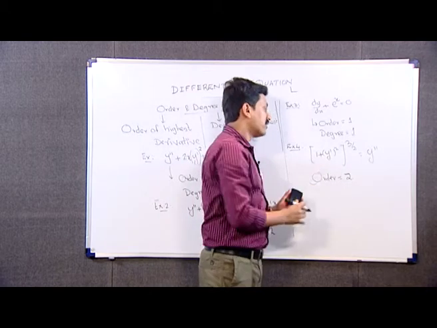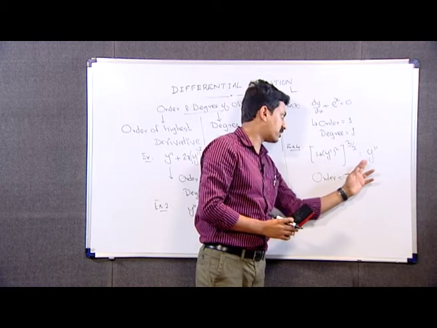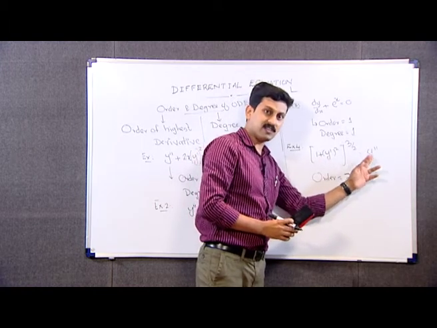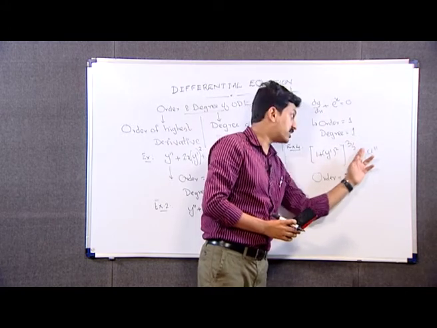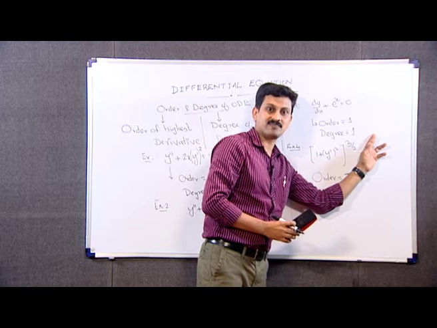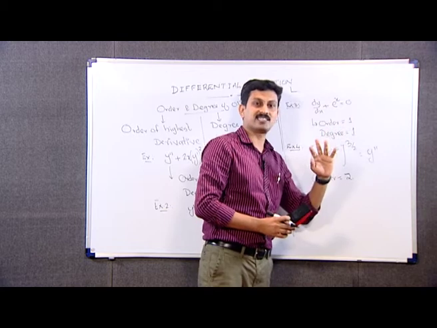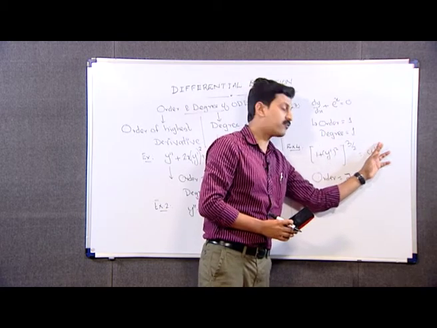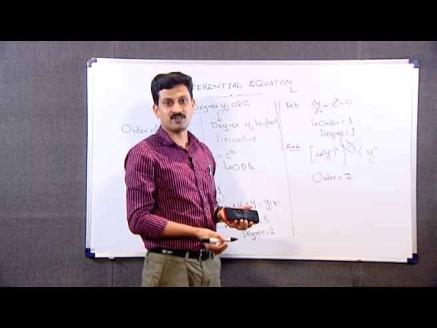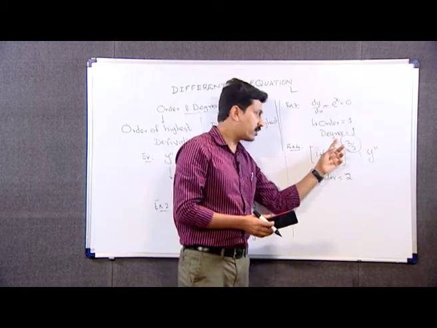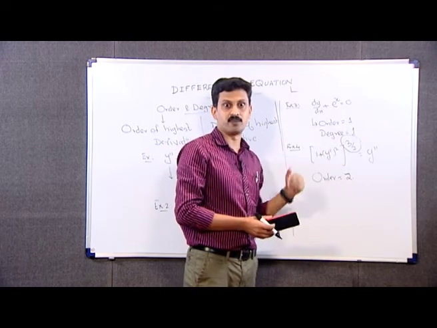And we have to find the degree. The degree of a differential equation is the maximum power of the highest derivative. Here the power of y double dash is 1, but the other side has a rational power. If there exists any rational power, we have to change it into an integer power.